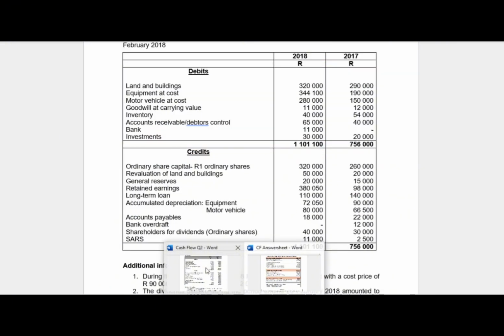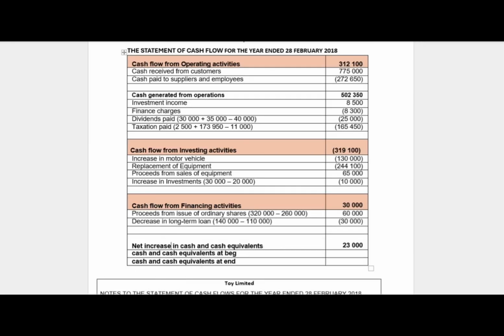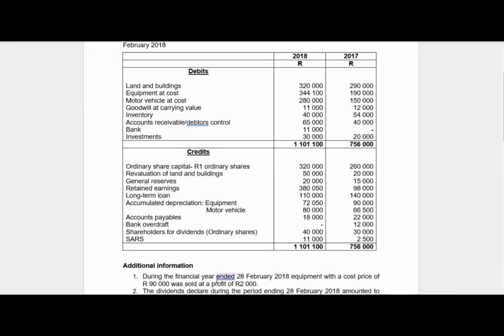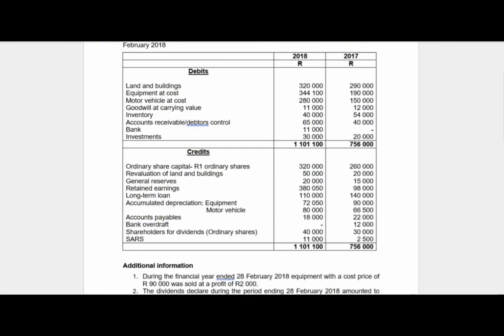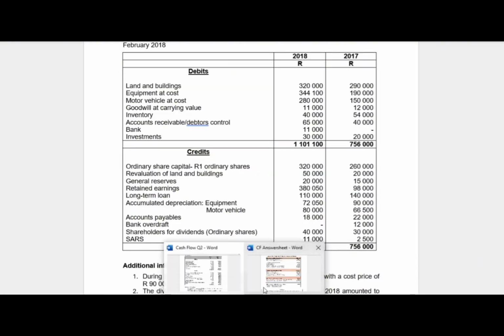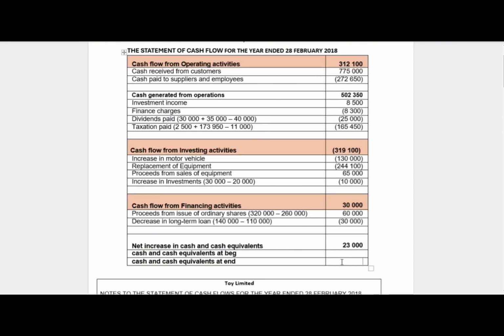If you check under debits, we have got 11,000 inflow. Can you see that? Debits means bank is positive. Bank right there. It's not bank overdraft. So it's the cash and cash equivalents at the end, 11,000. So we go there and put 11,000.